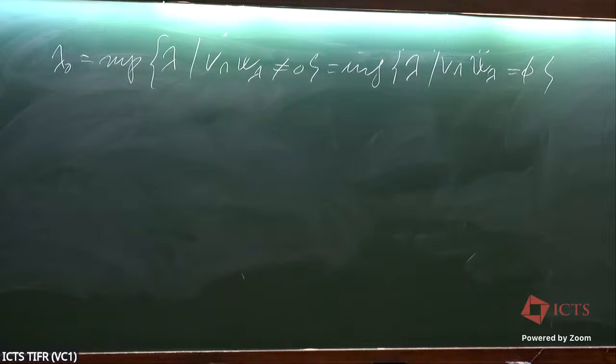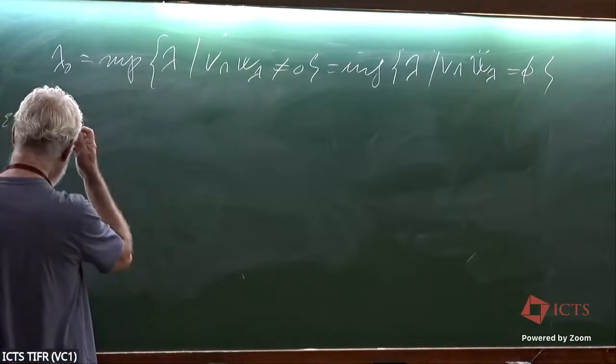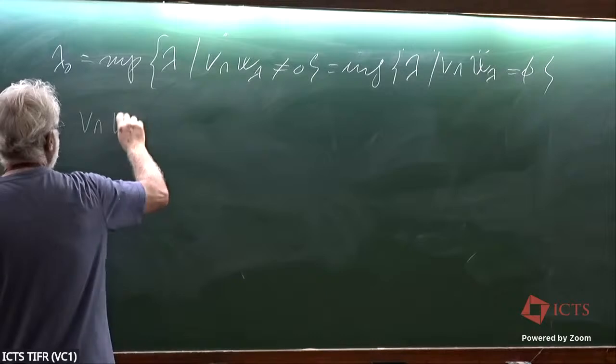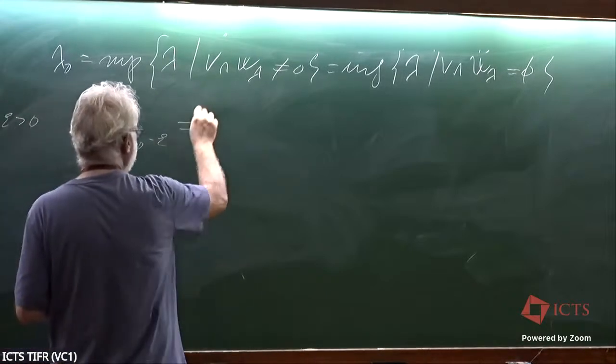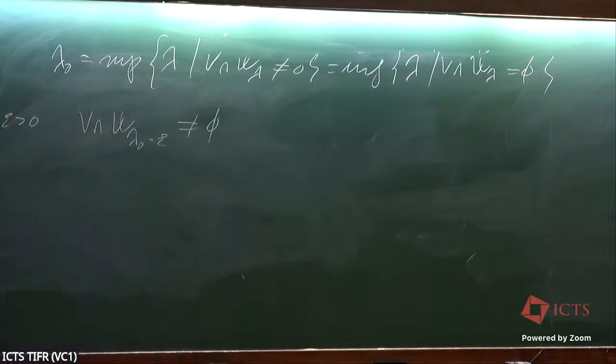Now let's take some epsilon strictly bigger than 0. We know that B intersected with W lambda 0 minus epsilon has to be non-empty because of the condition of lambda 0.